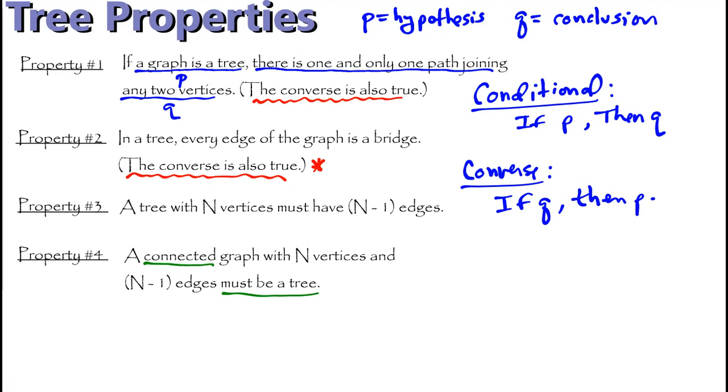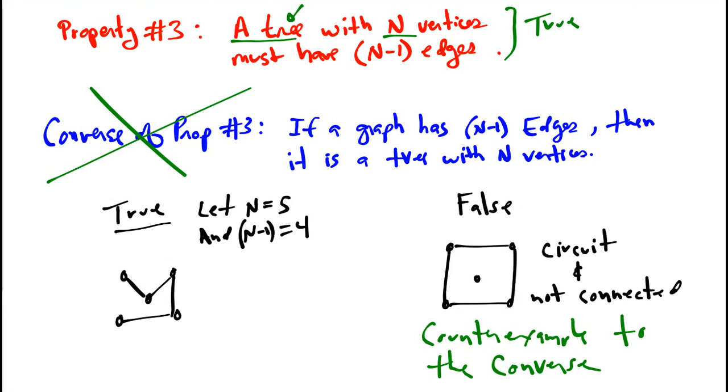And you can go back to the example here and see that, well, if I let n be 5 and n-1 be 4, and I add connected, then I don't have the option to draw it as a circuit with a not connected graph. It has to look like the example on the left because the word connected was added to the hypothesis.